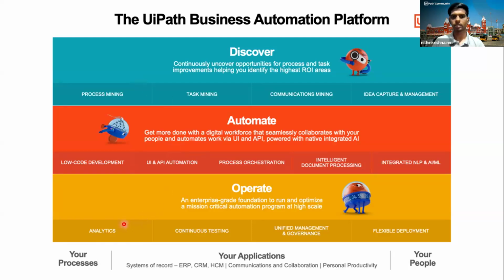Similarly, if you want to use analytics for your test results and test metrics, you can use analytics in your testing routine. This is how it's easy to operate with UiPath. This is the main advantage of why we are going with UiPath Test Suite instead of other ones.